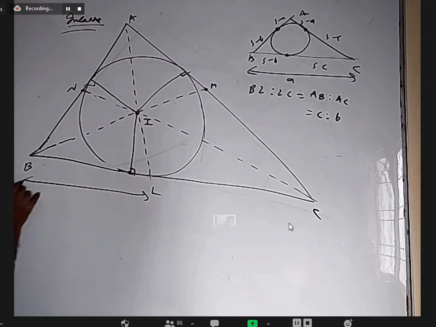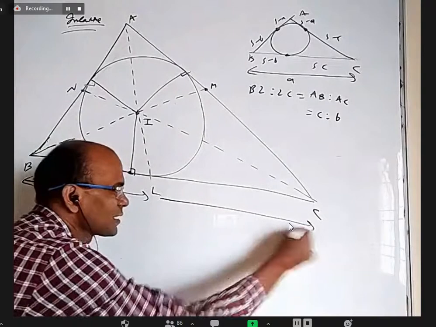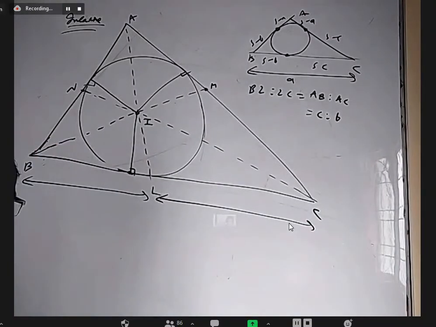Snigdha, do you want to tell what is BL length in terms of sides ABC and what is LC length in terms of sides ABC? Snigdha, are you there in the class? Sir, she is not there, sir. She is not well today, sir. That's why she left the class. Okay.